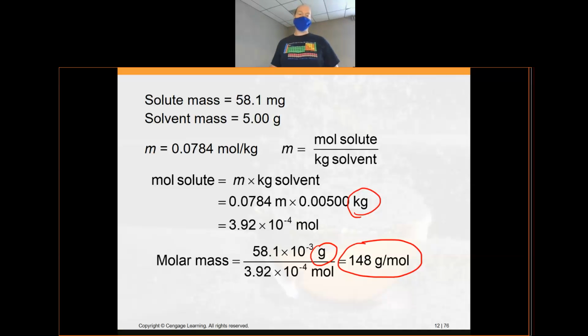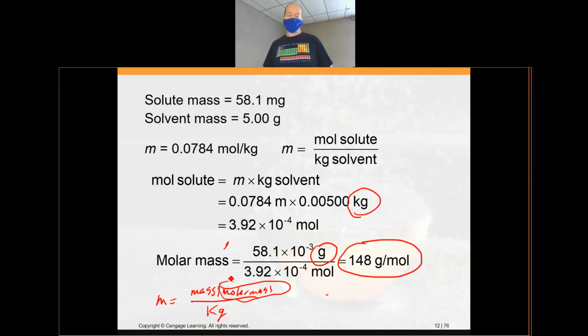I put it into how do I find molality? Every time I find molality, I take my mass, divide by my molar mass. That gives me my moles. And then I divide that by the kilograms of my solvent. That's the way I do it. So when they want me to solve for molar mass, I know I'm going to be given everything except for the molar mass.